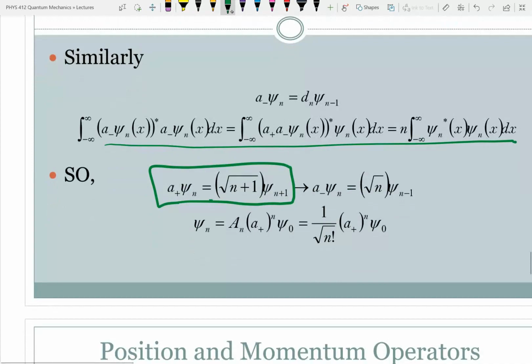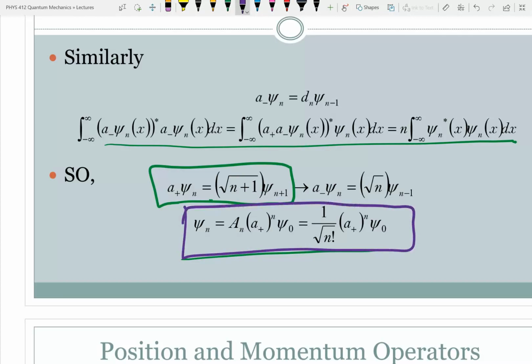And so that allows you to build, this is what you're doing in the homework problem then. To build your fourth wave function, you're going to have 1 over n factorial, so 1 over 4 factorial, that's 1 times 2 times 3 times 4. And then you're going to have to do that raising operator 4 times on psi 0. And so that is a number of derivatives.